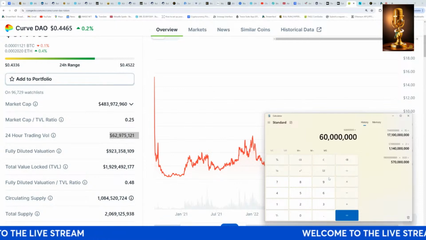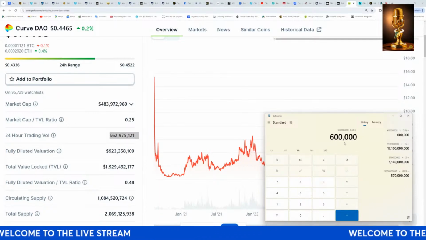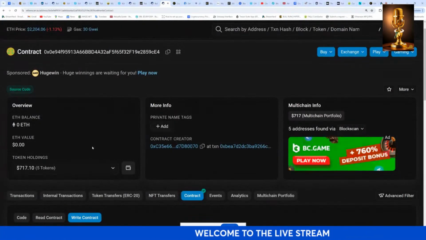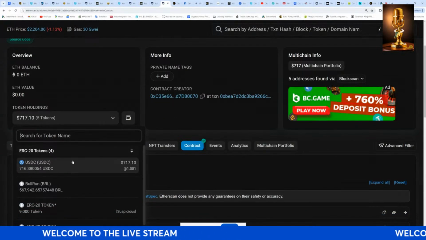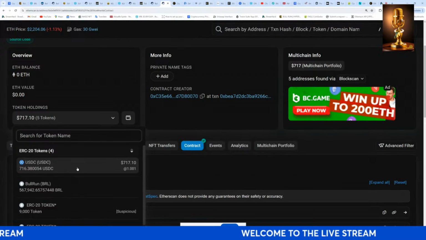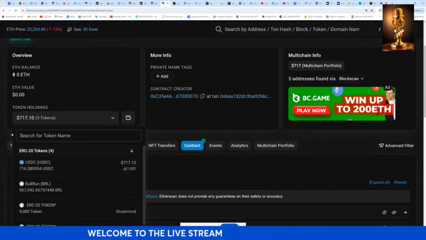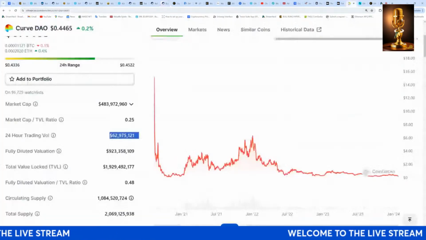With the 60 million volume, we would be looking at 600,000 that will be going into this smart contract in USDC. So we would be issuing 600,000 worth of staking distributions that would go towards the staking platform in USDC, not in native tokens. And this is powered by the volume, like we just saw.